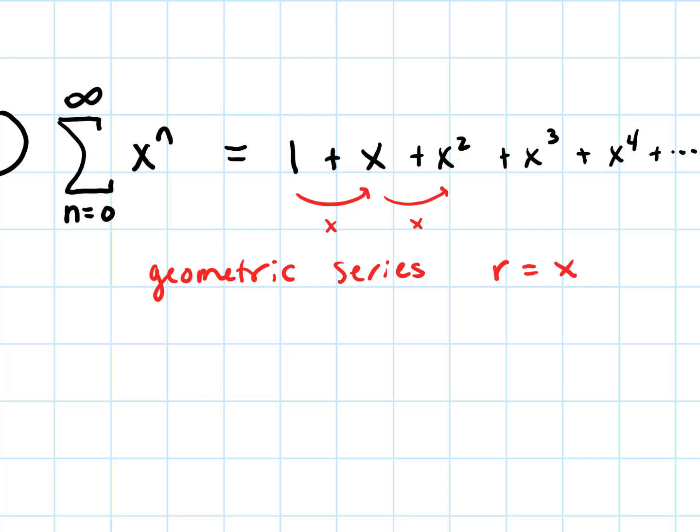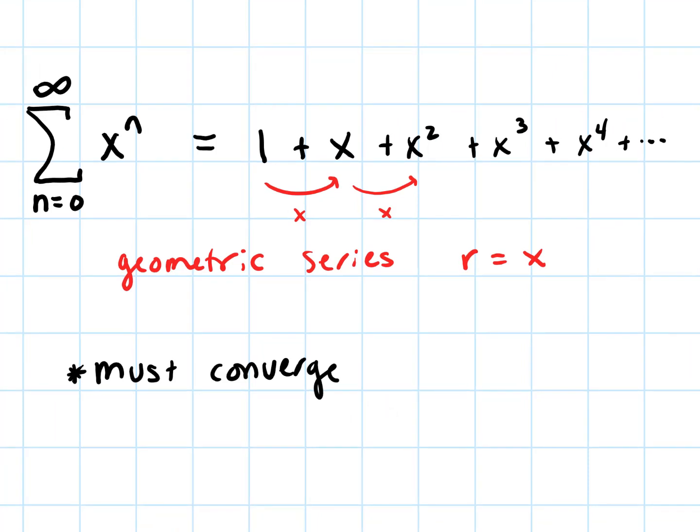But we also know that since it's geometric, this must converge for values of x that are between -1 and 1, or when the absolute value of x is less than 1.